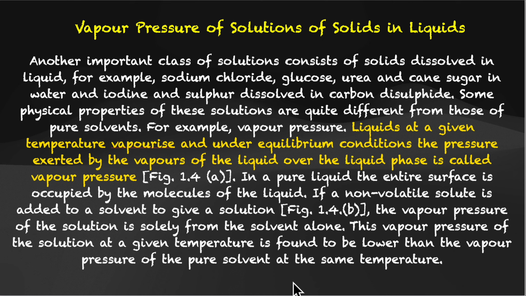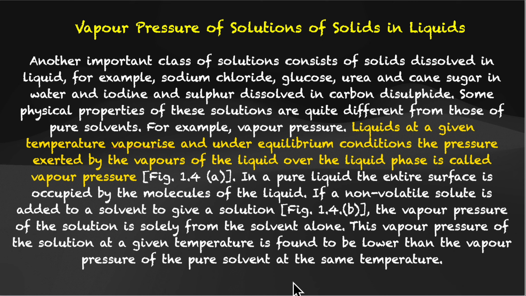Let's say in the pure liquid there were 10 molecules of the liquid entirely covering the surface. Now I add 5 molecules of non-volatile solute to the surface. Then there will be 5 molecules of non-volatile solute and 5 molecules of solvent. That is, the number of solvent molecules has decreased at the surface.